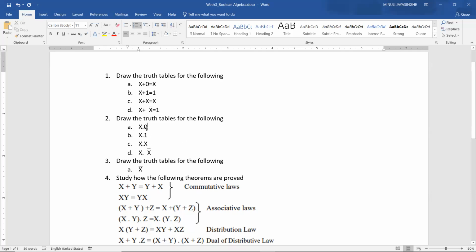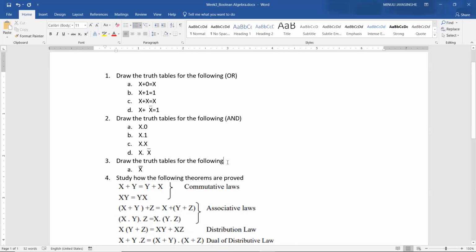And the second question is also again to draw the truth tables, and there we have AND operation, right? So the first question was about O, right? This is O, okay? And the second one is for AND. So set of rules are there associated with O, and there are set of rules associated with AND operation.